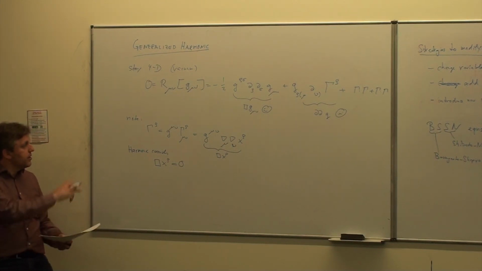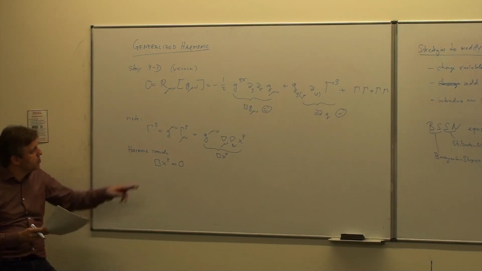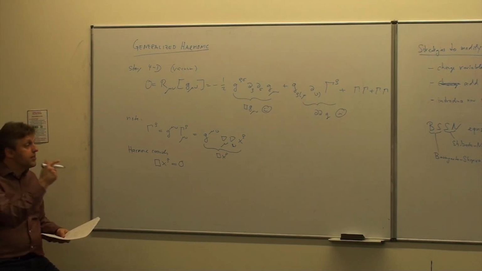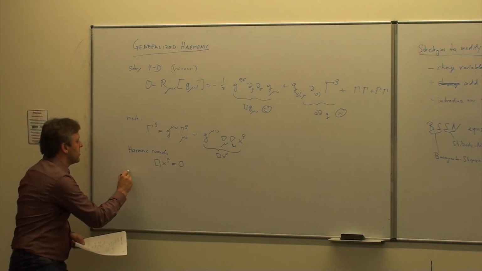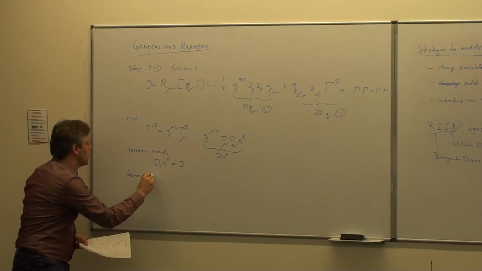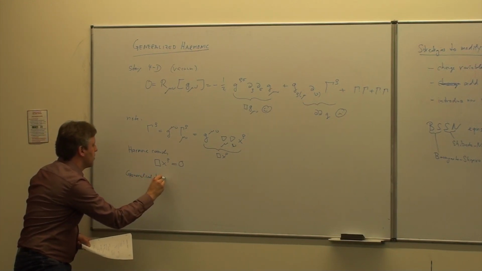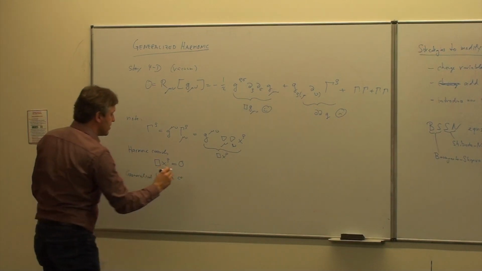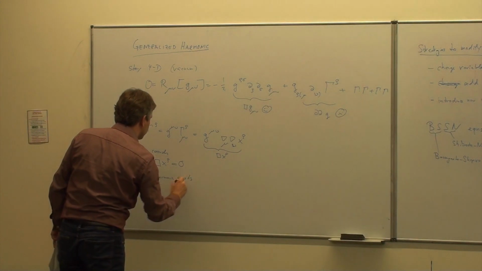And so the same trick of using the coordinate conditions to eliminate the nasty term still works with a right-hand side. And this is where the word generalized harmonic coordinates comes in.